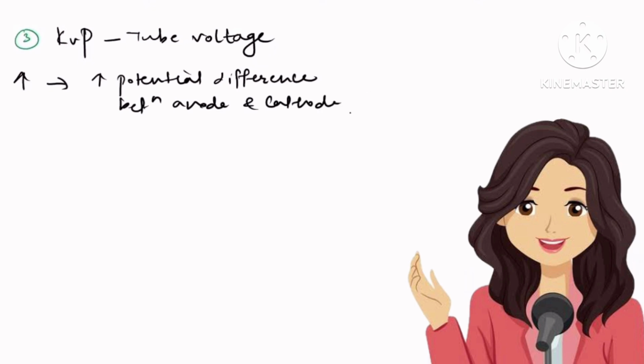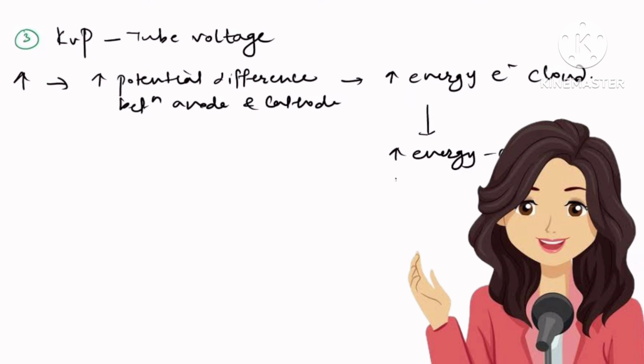Increased potential difference will increase the energy of the electron cloud that is formed at the cathode. And they will send the electron cloud with maximum energy towards the anode, and X-rays with maximum energy are produced.